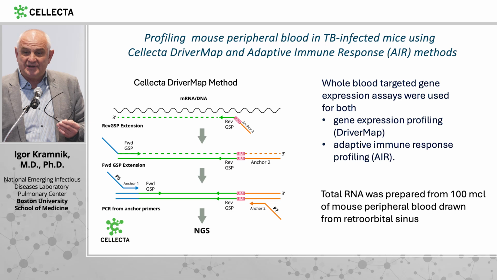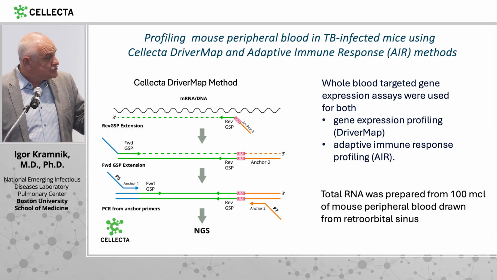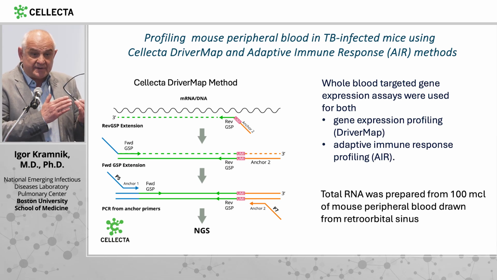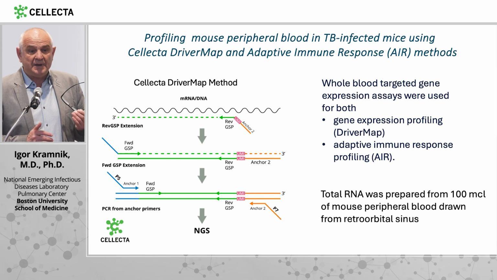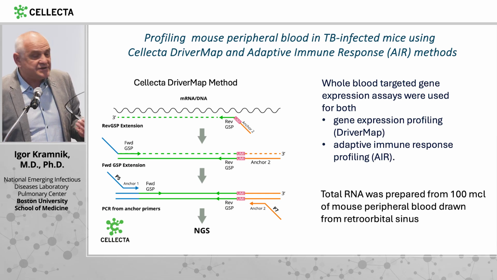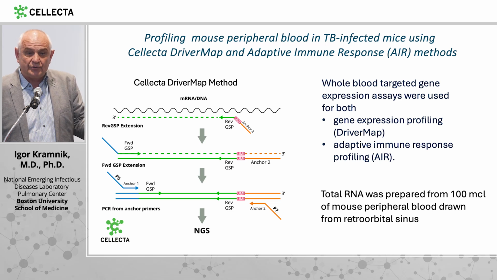And then we talked to Cellecta, and they suggested we try to use their blood gene expression profiling kit so that we can establish correlation between stage of the disease progression and find biomarkers that would allow us to use it non-invasively and monitor progression of tuberculosis.